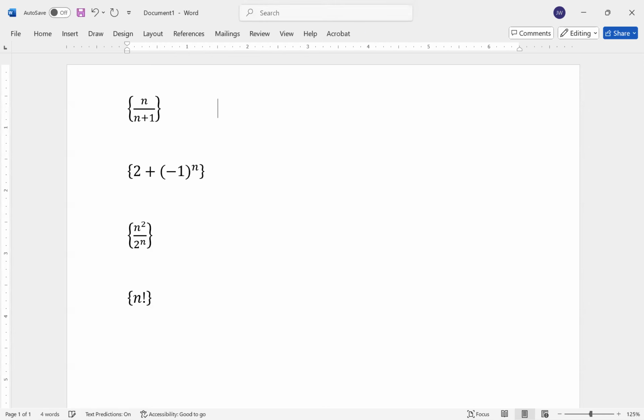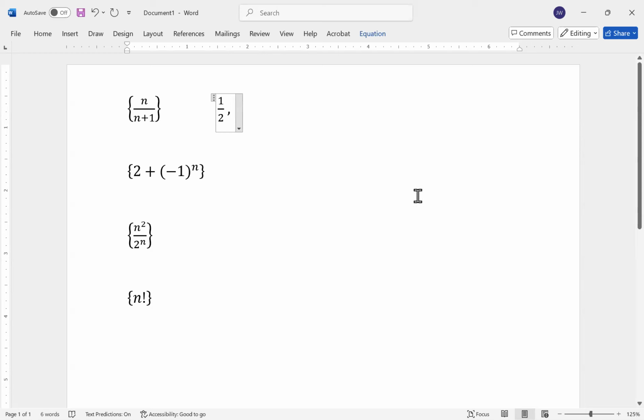In this first example, where we have n over n plus 1, if I plug in the number 1, I'll get 1 over 1 plus 1, which is 2. So the first term is 1/2.